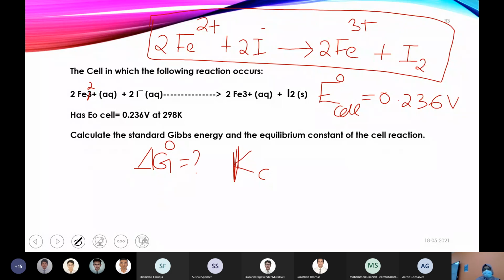So these are the two things you're supposed to calculate. Already equations are there. It's a direct question. Directly substitute the values in the equation and you will get the answer.